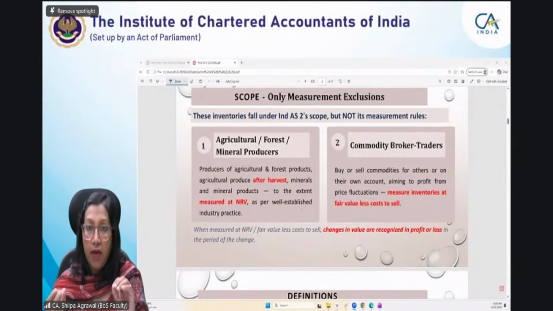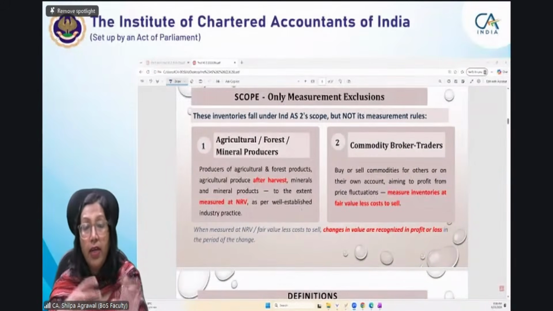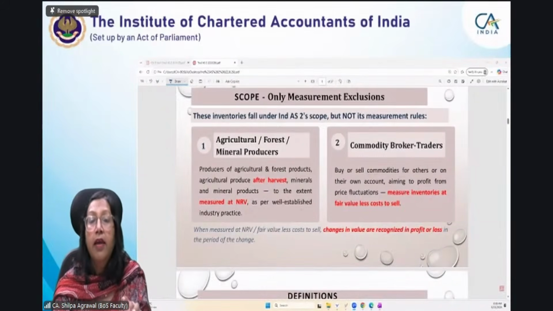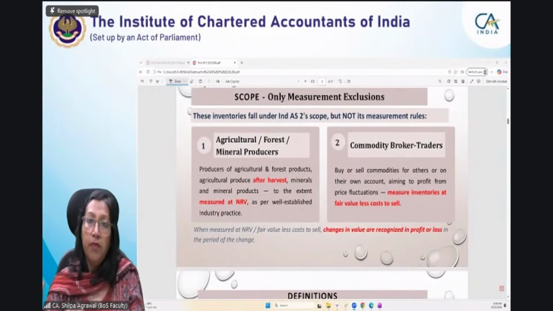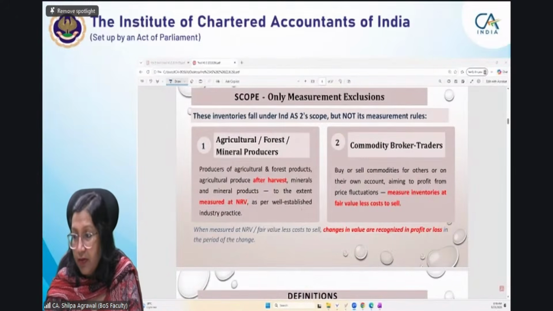So be thorough with the conceptual understanding of the provisions of the standards, and in case you're not able to, try to do it by hit and trial or the elimination method. You have to be fast in your MCQs so that the time allotted to your descriptive portion does not get affected. Okay, this will be challenging for you in the initial examination.